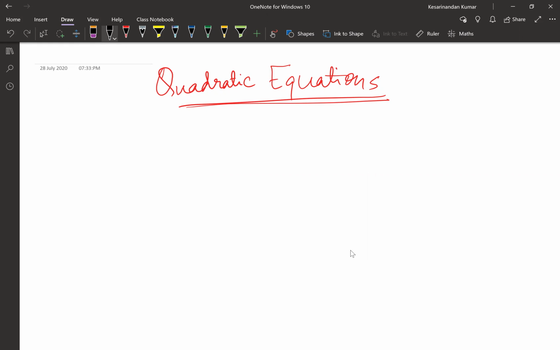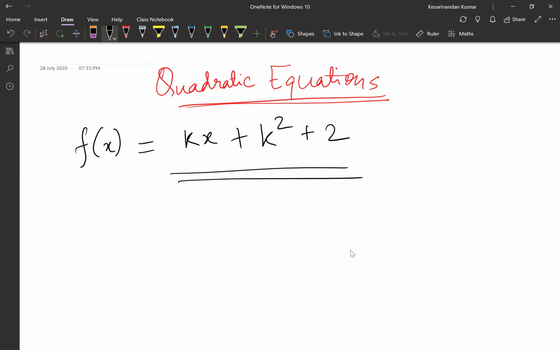Okay, so is this a quadratic equation? Power of a variable. And what is the variable here?